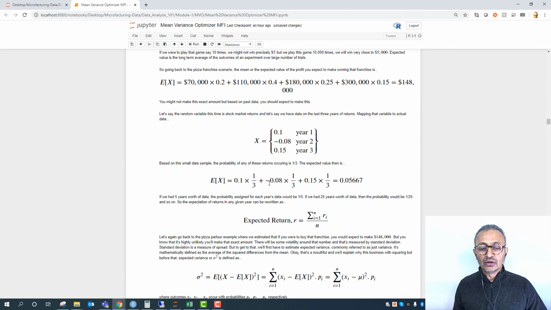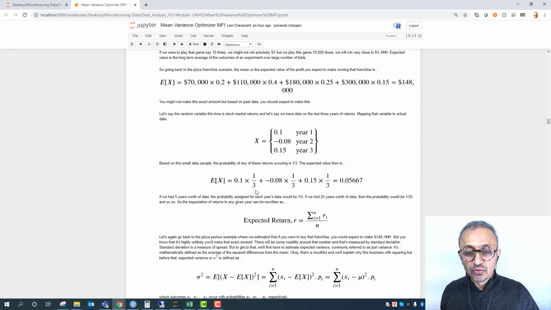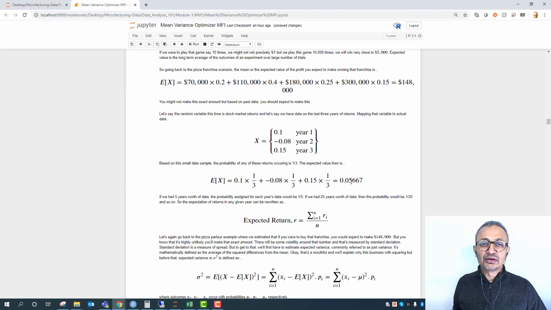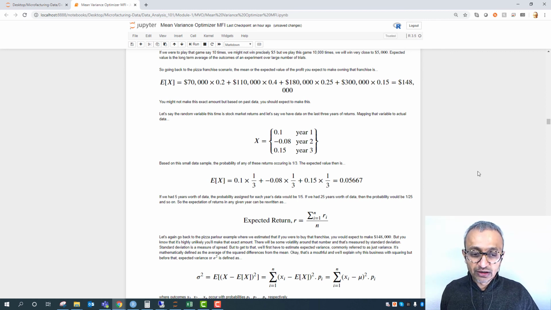Year 1 you got this, so 1/3, 1/3, 1/3 for these different outcomes. So the expected return of this 3-year stock market data is 5.66 some odd percent.